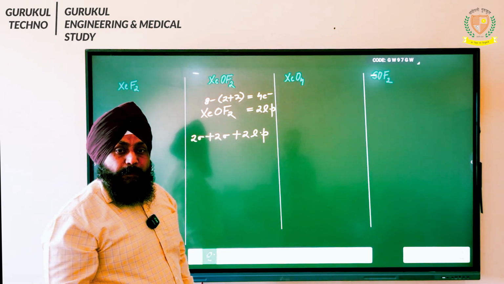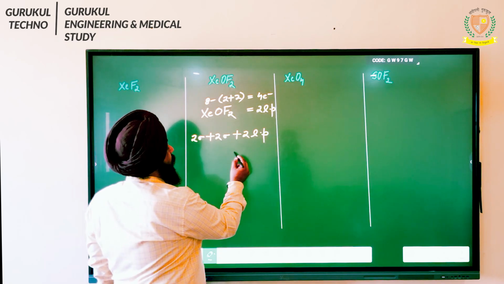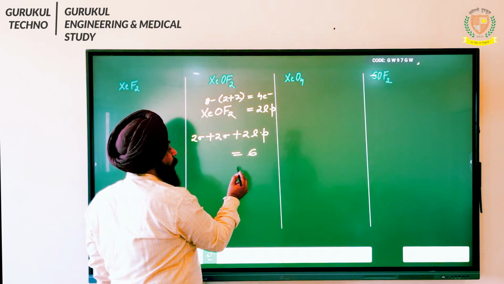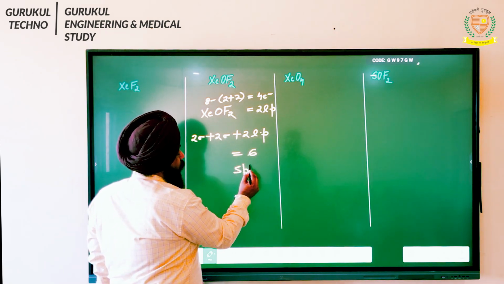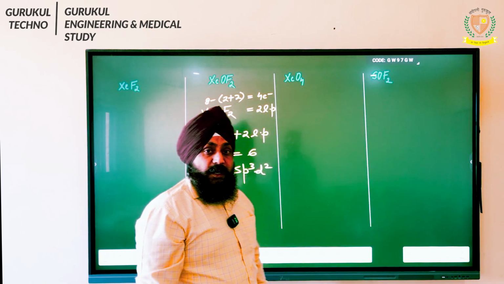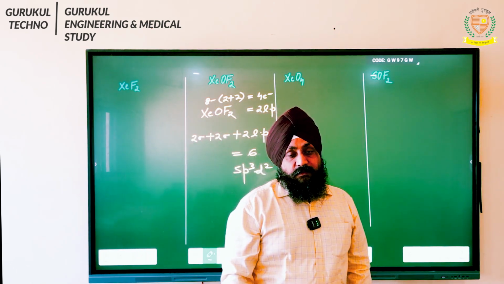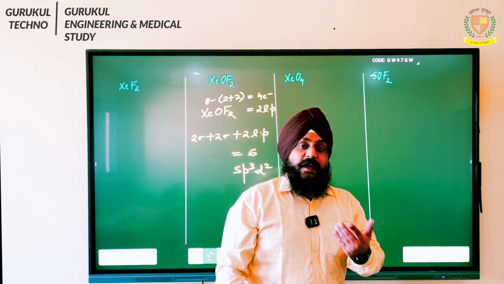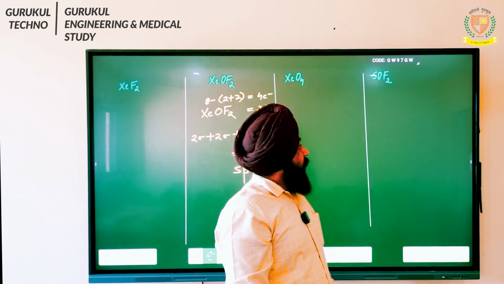So 4 sigma plus 2 lone pairs, answer will be coming up to 6. So it is going to be sp3d2 hybridization. Yes students, it will be sp3d2 hybridized.